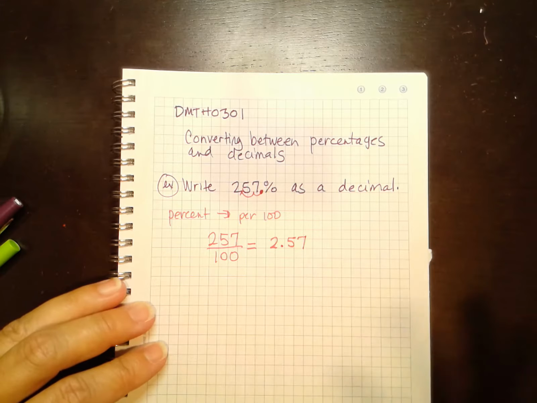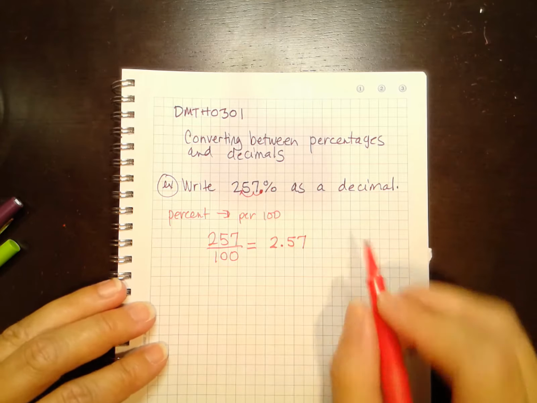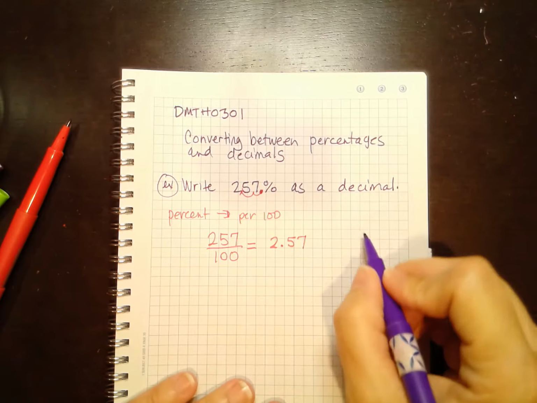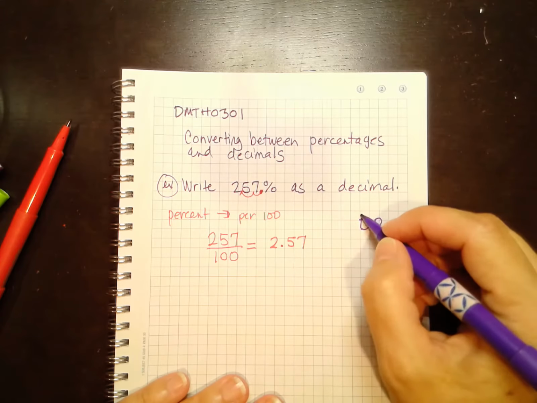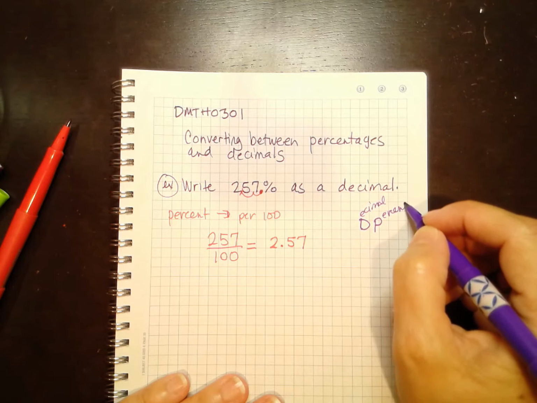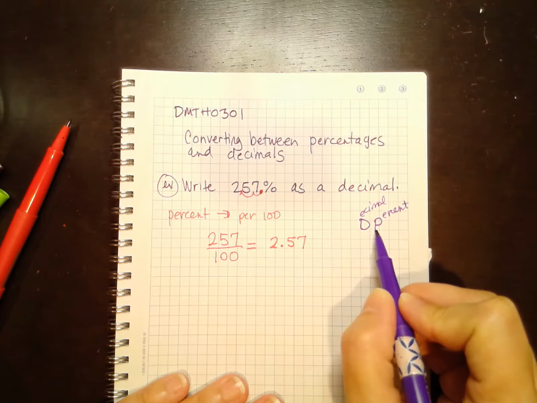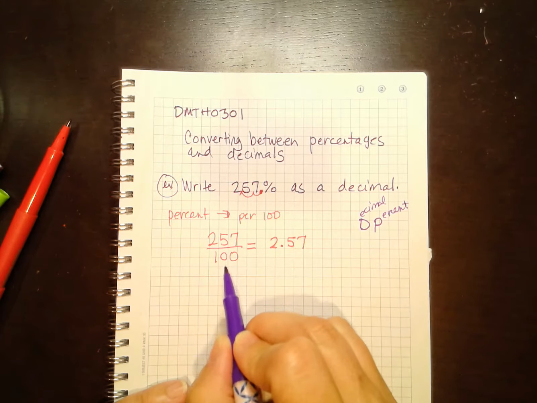Now, some people get a little confused with that and they don't quite understand it. So teachers have taught some students before, I've noticed, this thing, Dr. Pepper. And so this is going from a decimal to a percent. If you're going from a decimal to a percent, because it's per 100 and we're using this 100 right here, see how the 100 has 2 zeros, so we know we have to move the decimal point 2 times.